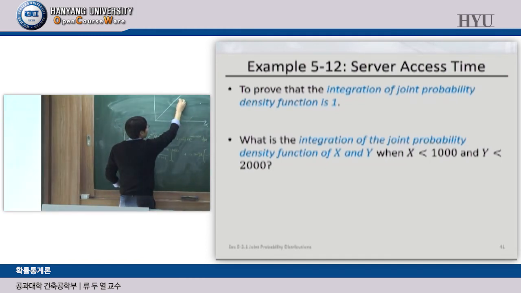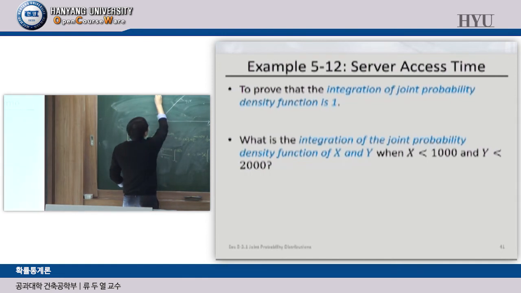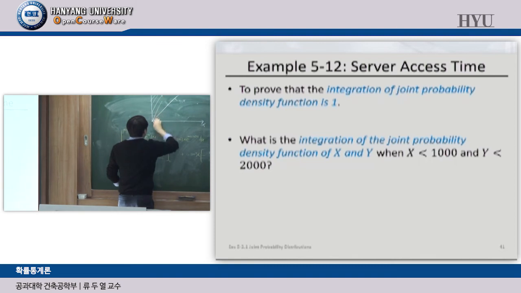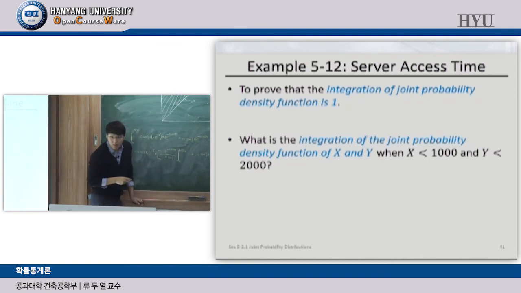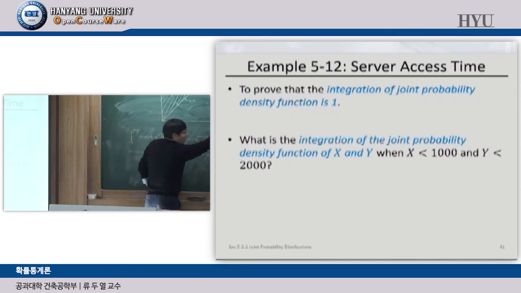If we assume that this is y equal to x, they should be this area, right? Because y is always larger than x.